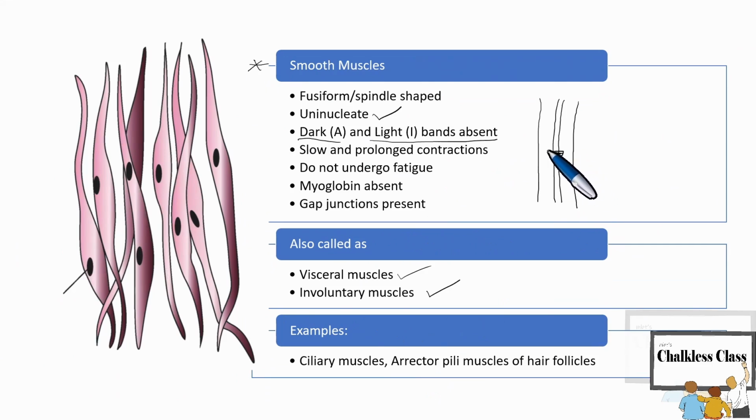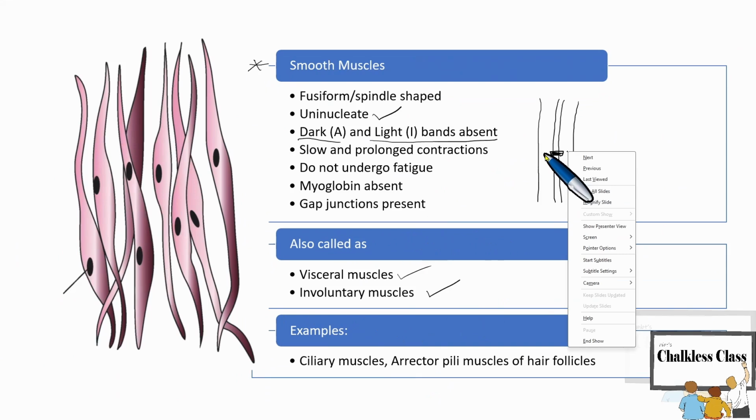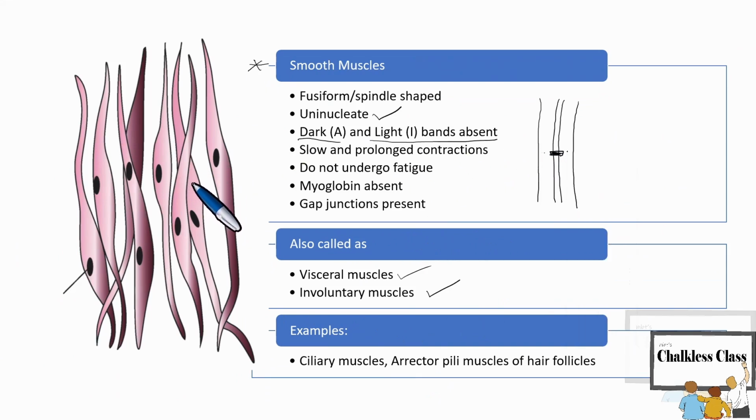Through these gap junctions, ions can pass from one cell to another. So when one muscle cell contracts, that will spread to the next muscle cell.